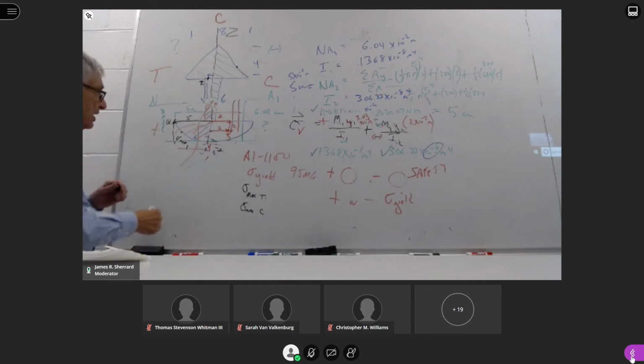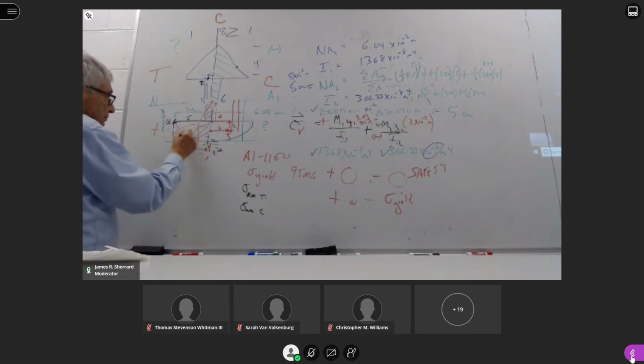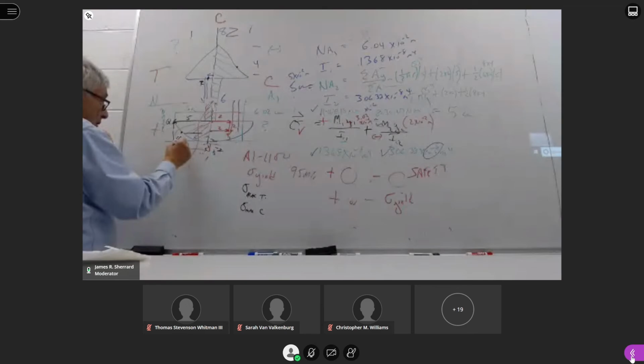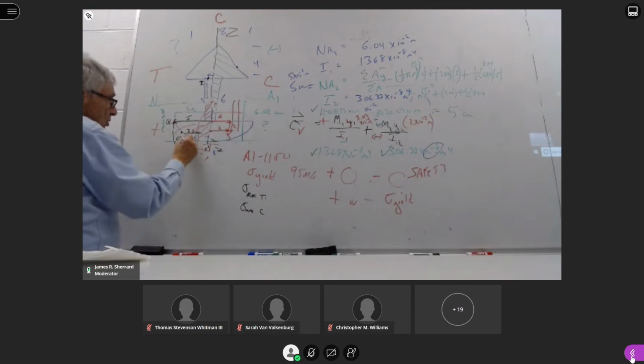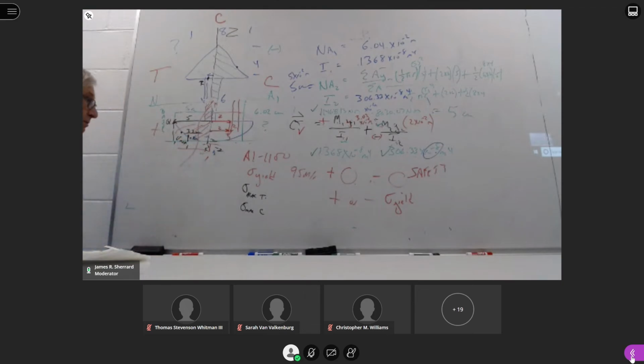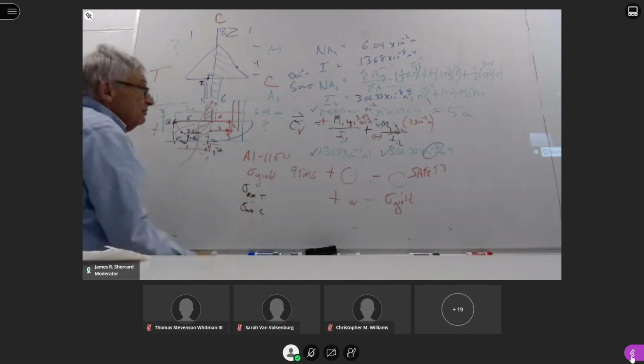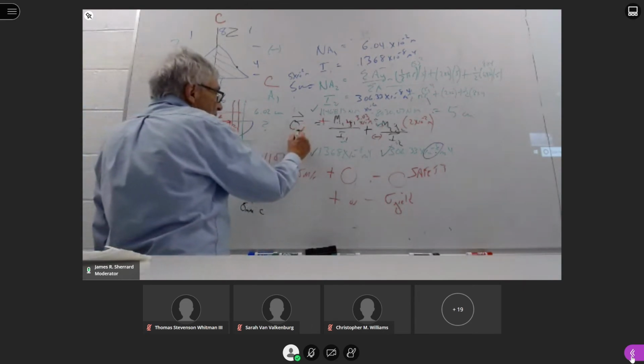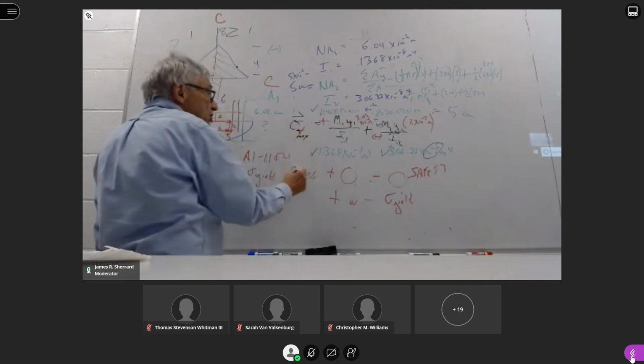But let's say you did find this point, and this distance was 3.3 centimeters, and this distance up was 2.2 centimeters. So I now know the maximum value of tension. I could find the maximum value of tension.